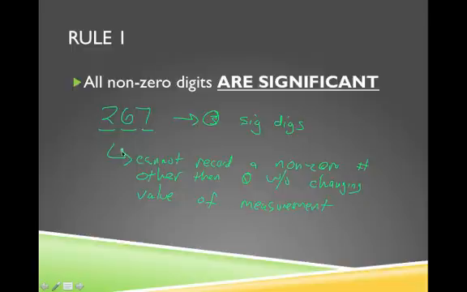And if you're changing the value of a measurement with non-zero digits that don't come from your measuring device, you're just making stuff up. And if you're making stuff up, clearly you're not really measuring anymore.